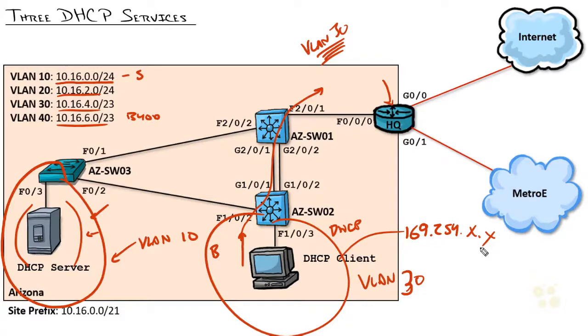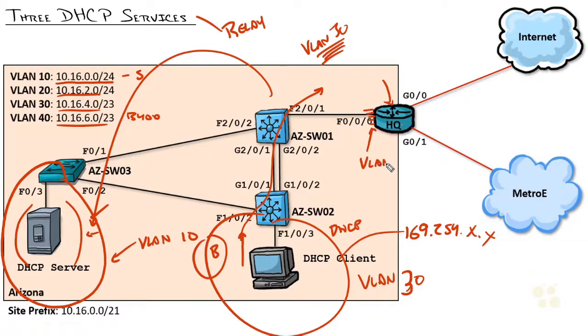So how do you get broadcasts from VLAN 30 over to VLAN 10 so this guy can hear about them? That's the job of the third DHCP service, DHCP relay. The way it works is you go underneath the interface, which in this case is going to be our HQ router. It'll be that VLAN 30 sub-interface. We set this guy up with switch virtual interfaces because he has a built-in switch. So you go under that interface and you say, I want to relay, I'll show you the command in the next video, I want to relay broadcasts from this network.